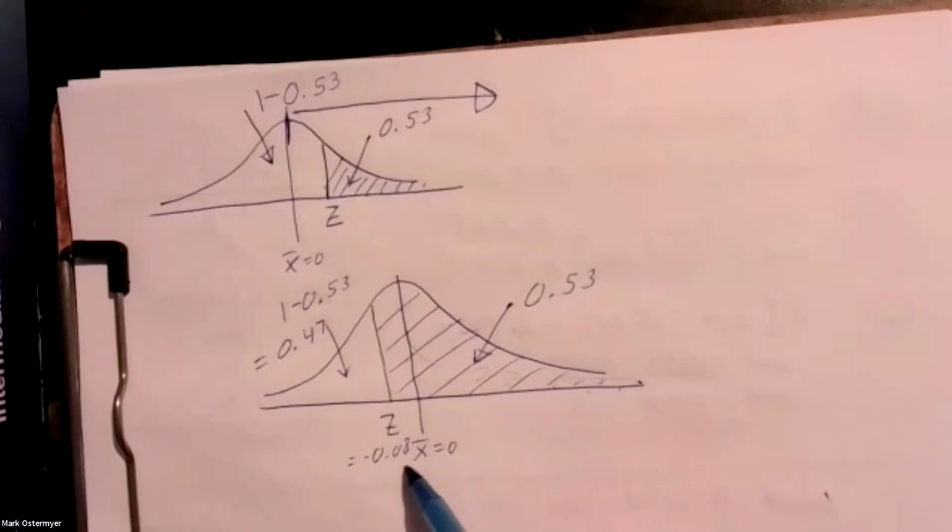The area to the left of negative 0.08 is 47%. Makes sense why this is negative, because it's to the left of x equals 0, the mean. This z value, this 47th percentile, if you will, is negative 0.08. That's your 47th percentile. All righty.